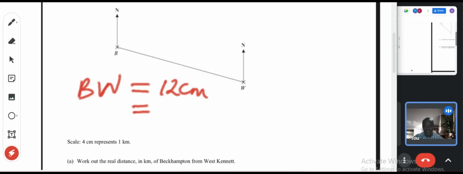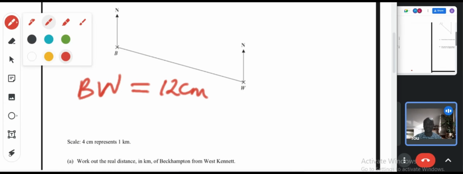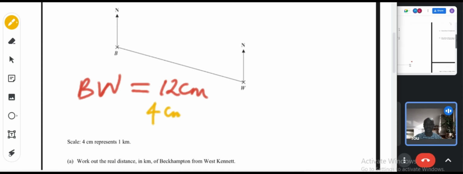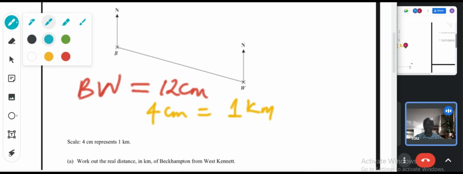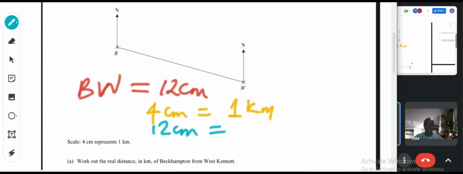So what is the actual distance? 3 kilometers. Sorry, 4 centimeters represents 1 kilometer, I was the one confusing you. That's cool, just simple ratio. If 4 centimeters is equal to 1 kilometer, that means 12 centimeters should be 3 kilometers.